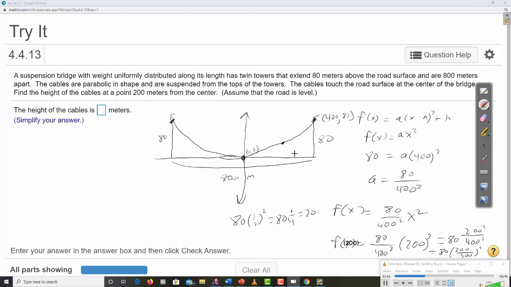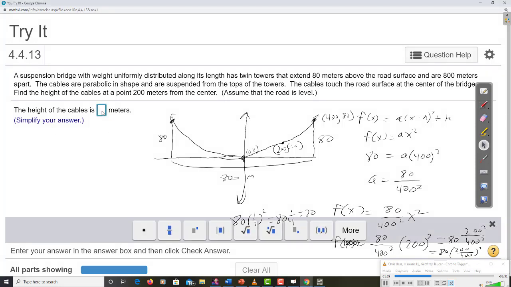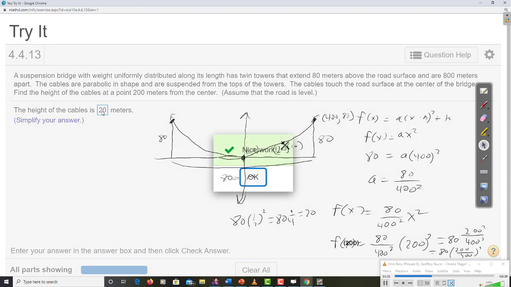So this point, when we're 200 meters from the center, is 20 meters off the ground, so the point is 200, 20. So the answer is 20.